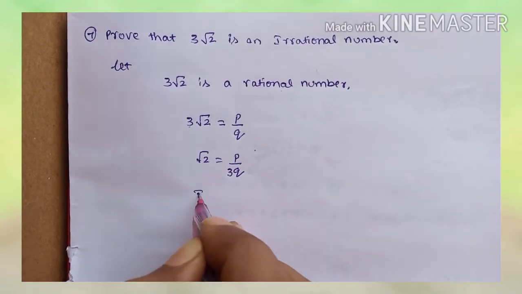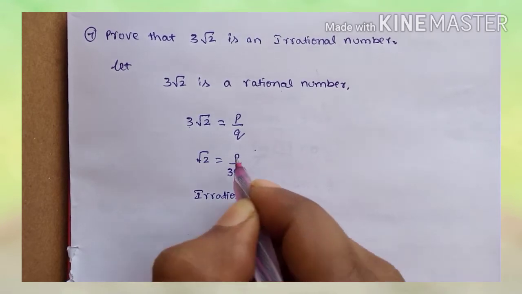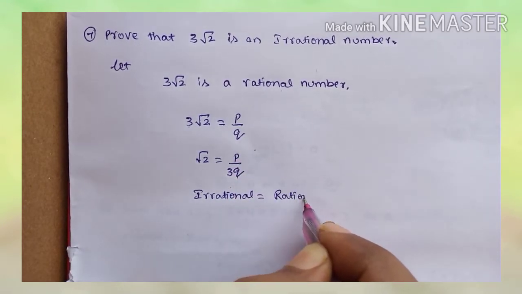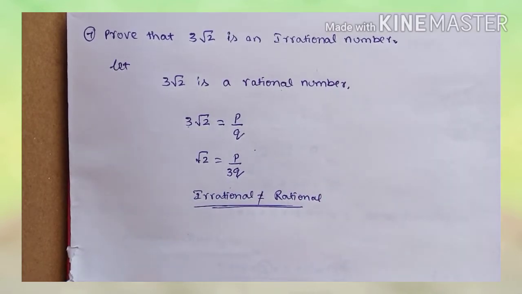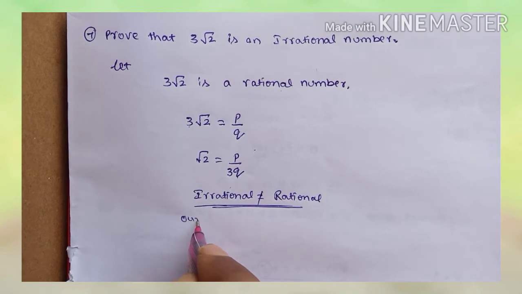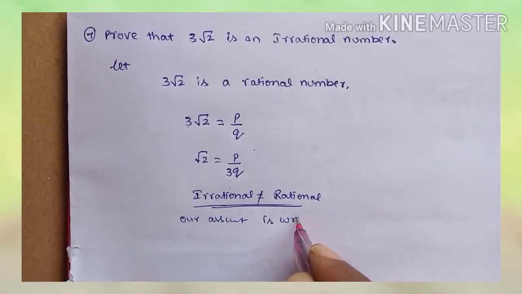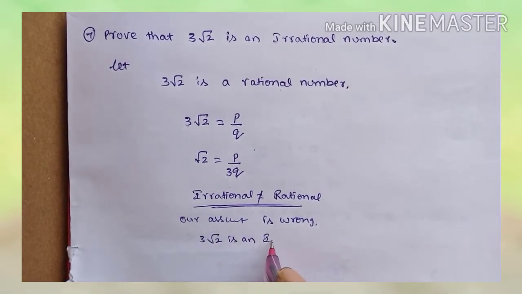Root 2 is an irrational number and p by q form is a rational number. In any case, an irrational number is never equal to a rational number. We can write the statements: our assumption is wrong. It is not a rational. So 3 root 2 is an irrational number.